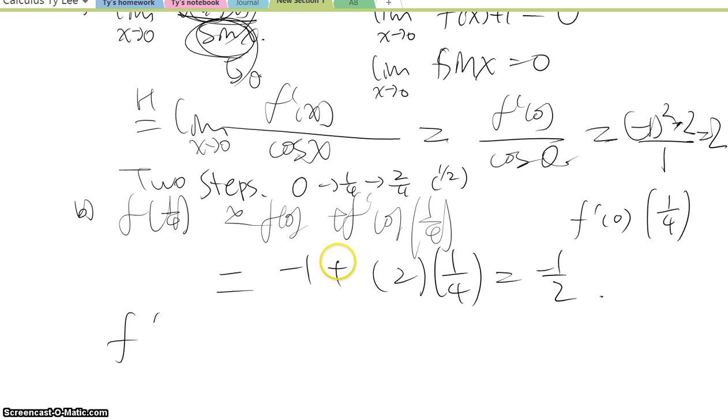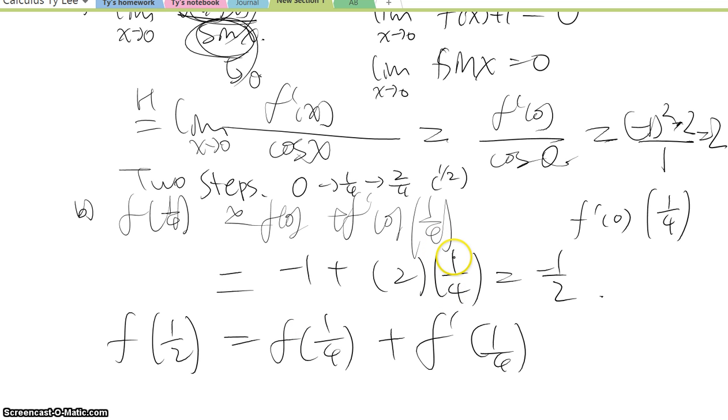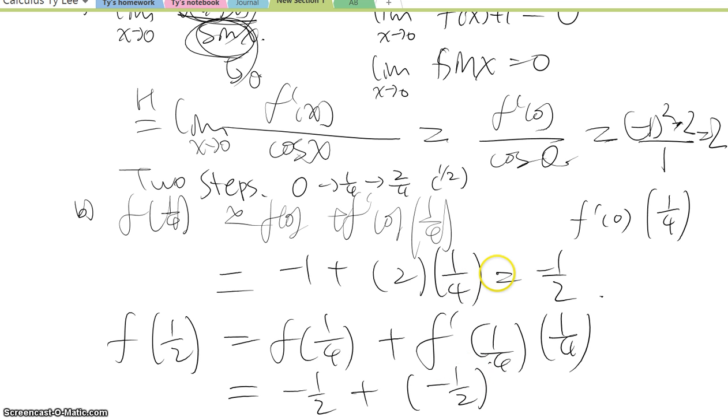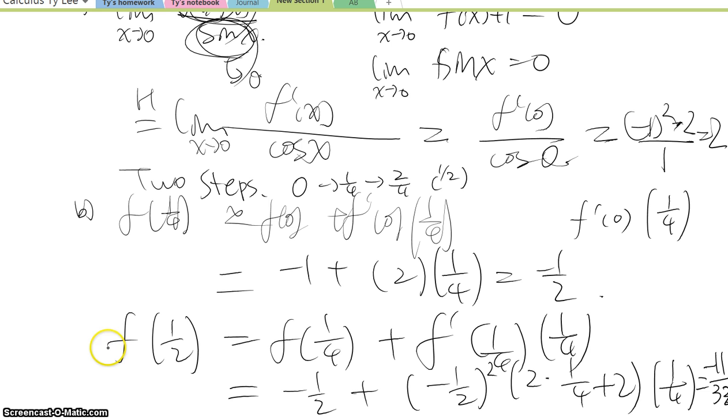We're going to use that value to approximate the next step, f of 1/4 plus f prime of 1/4 times 1/4. A lot of 1/4s. So it's negative 1/2, we just got it. Negative 1/2 squared times it's all plugging in. When you put it into the calculator, you get negative 11 over 32.